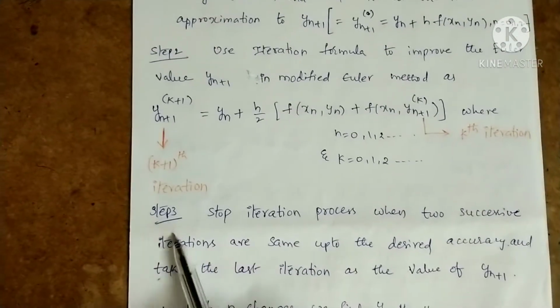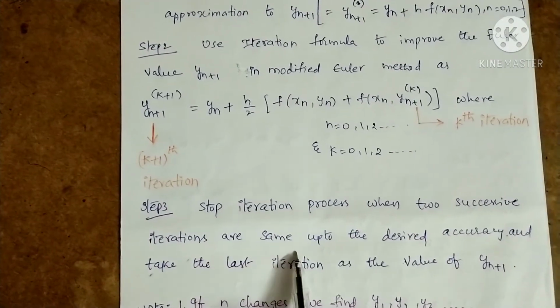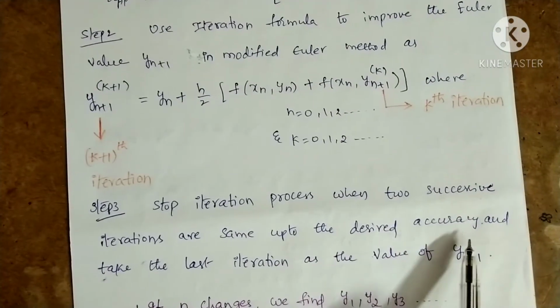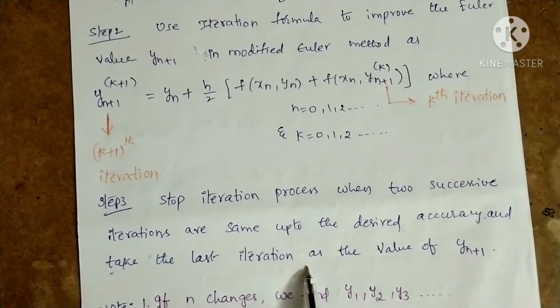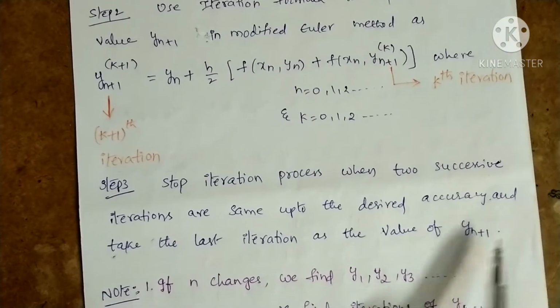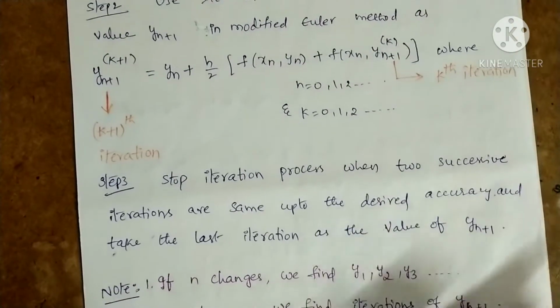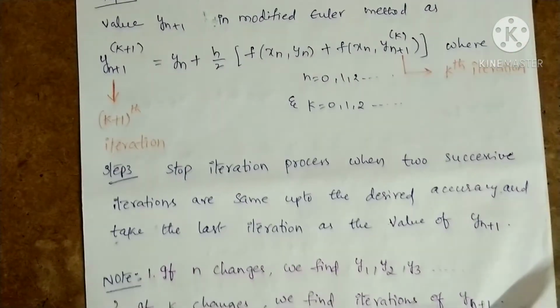In step 3, we stop the iteration process when two successive iterations are the same up to the desired accuracy, and we take the last iteration value as the value of y_{n+1}. This is the improved value of y_{n+1}.